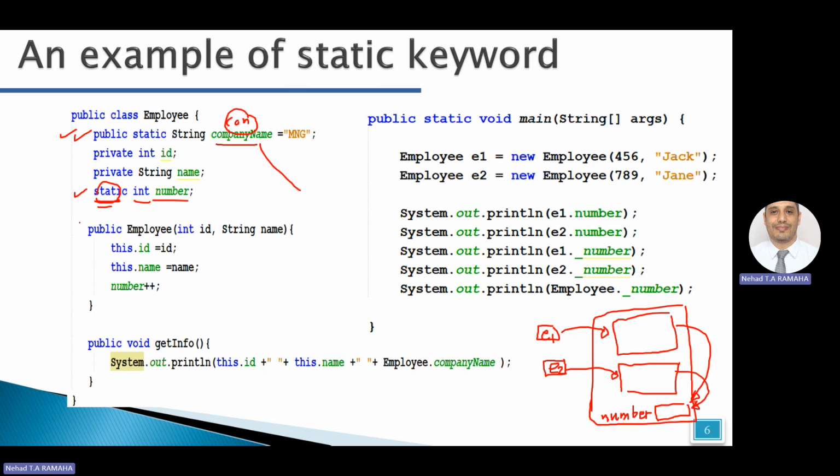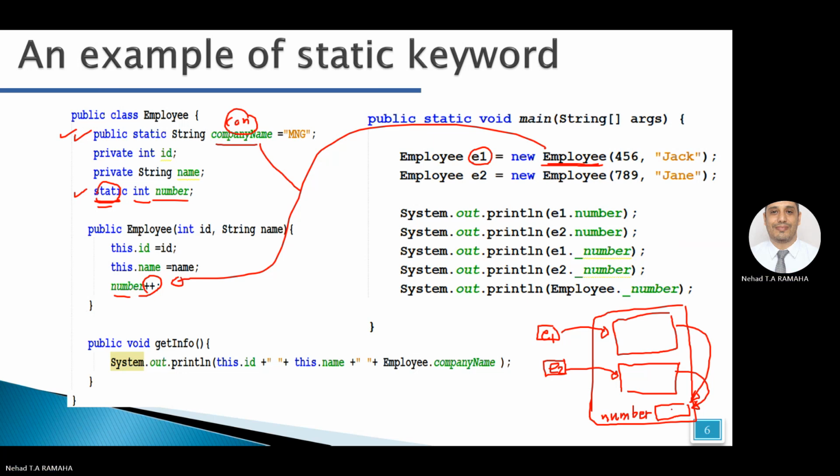So inside the constructor, what we said here: number plus plus. So increase number by 1, yes? So when we create object like E1, we use the constructor. What does the constructor do here? Increase the value of number by 1.